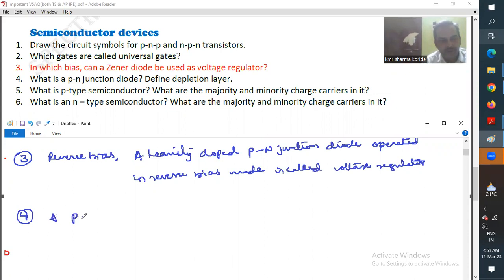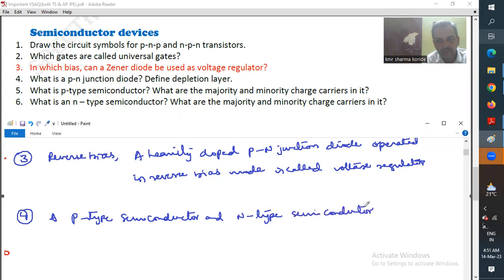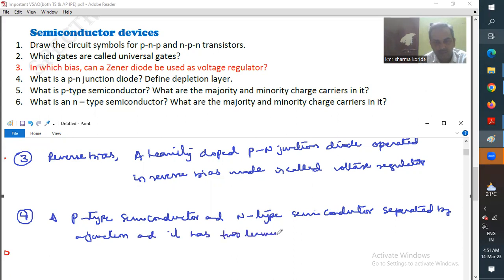A P-type semiconductor and an N-type semiconductor separated by a junction, with two terminals, is called a PN junction diode.